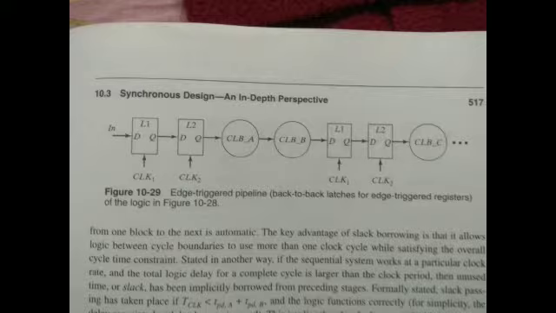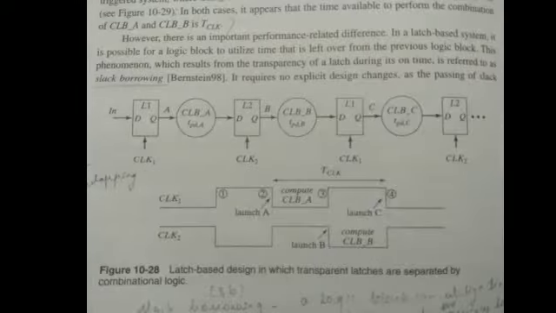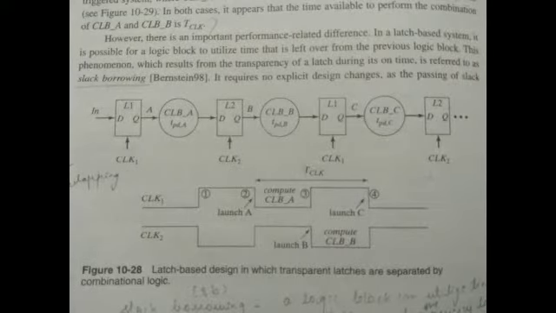So how is the latch going to help us borrow the slack, as mentioned earlier? The slack passing results from the level sensitive nature of the latches. In this figure, the input of CLB-A must be valid by the falling edge of clock 1 at number 2, right? What happens if the combinational logic block of the previous stage finishes early and has a valid input for CLB-A before edge 2?